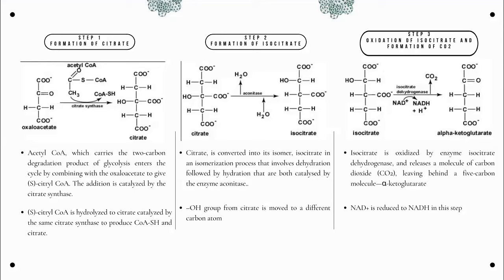The enzyme isocitrate dehydrogenase catalyzes the oxidation of the hydroxyl group at the fourth position of isocitrate to yield an intermediate, which then has a carbon dioxide molecule removed from it to yield alpha-ketoglutarate.